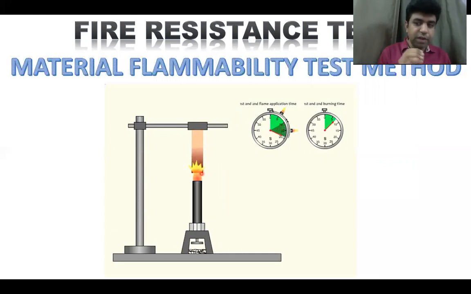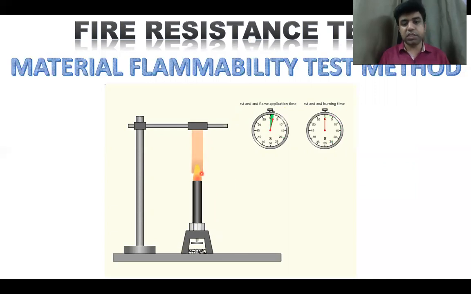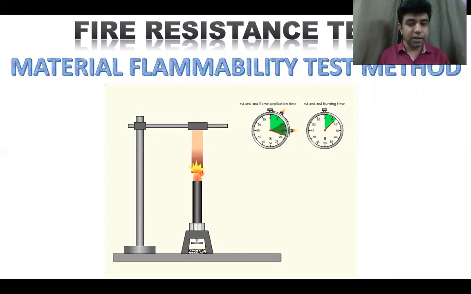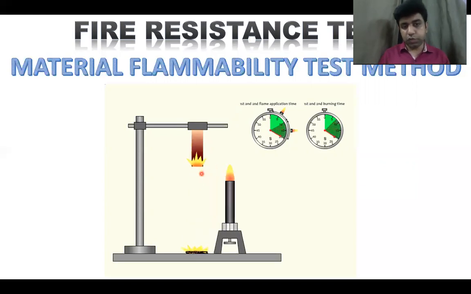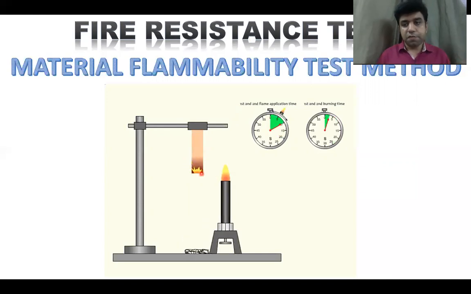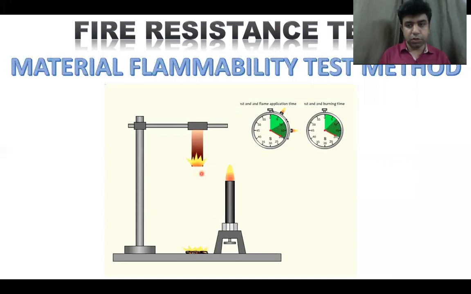But we need to evaluate at what temperature it catches fire and how it propagates the fire. So that is the first way to judge the propagation or development of the fire: just take the sample material and do this testing.